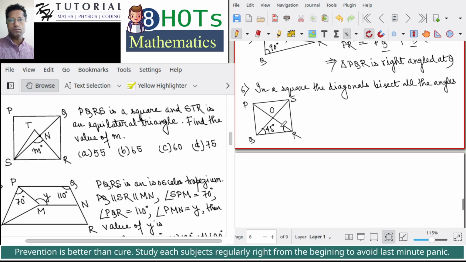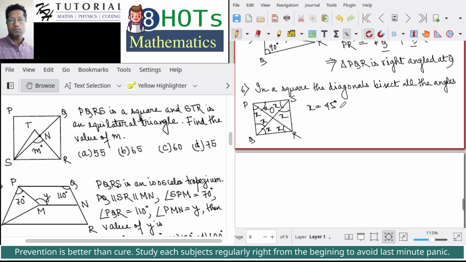These angles all will be the same and they are equal to 45 degree. So this is a concept you must know for a square.